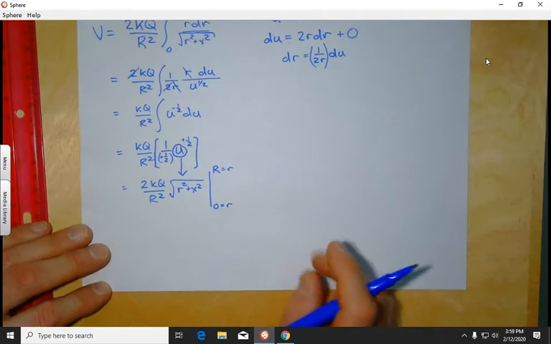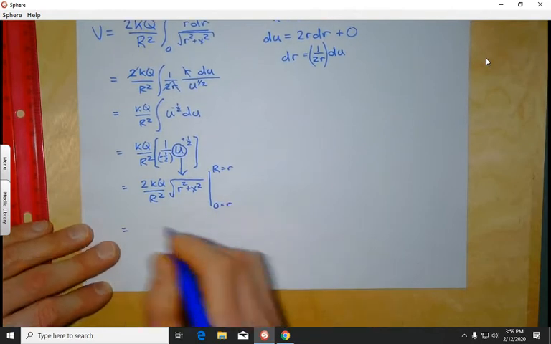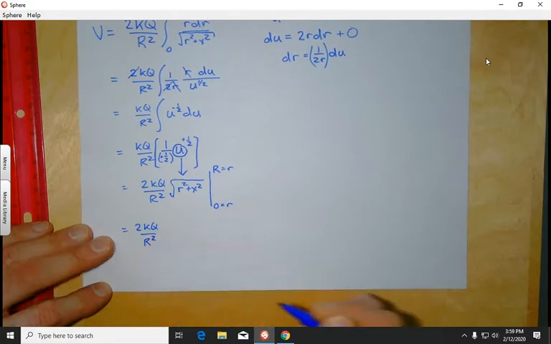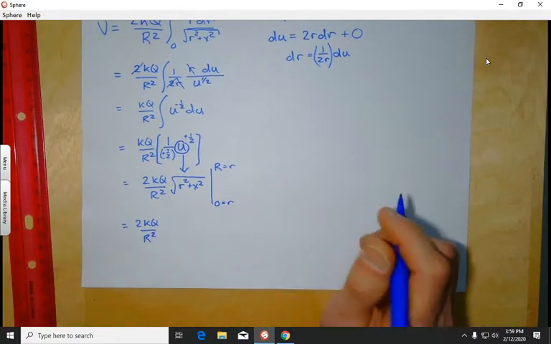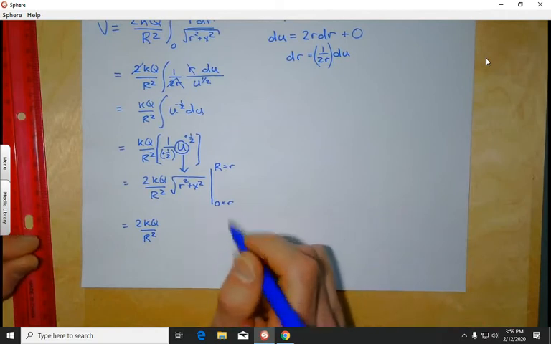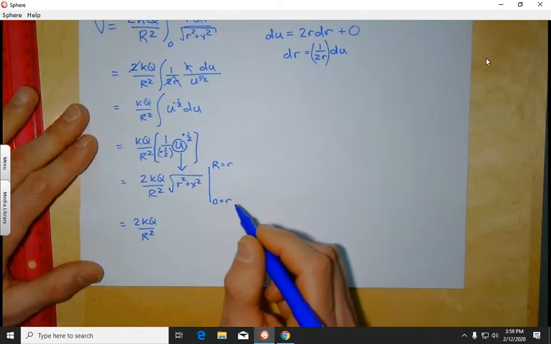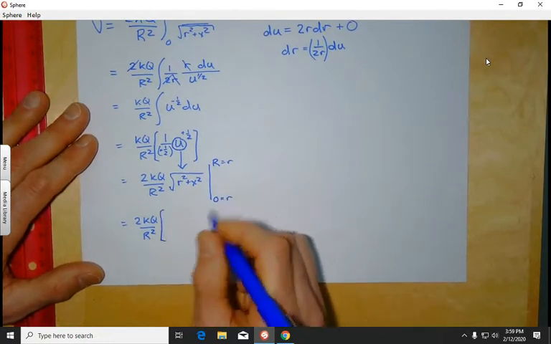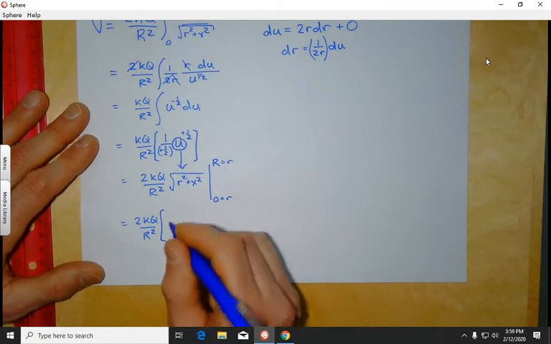Then what we do is we're going to evaluate. So I'll take 2kq over r squared. And again, I would say this is a great time to pause the video, see if you can get through this. Can you put the endpoints in? Otherwise, I'm just going to keep on going. And so we're going to have final minus initial.